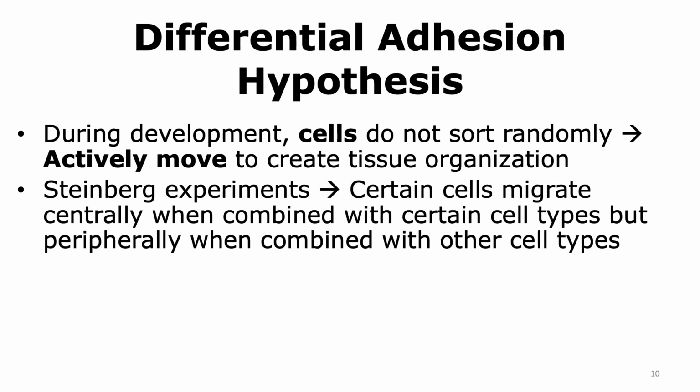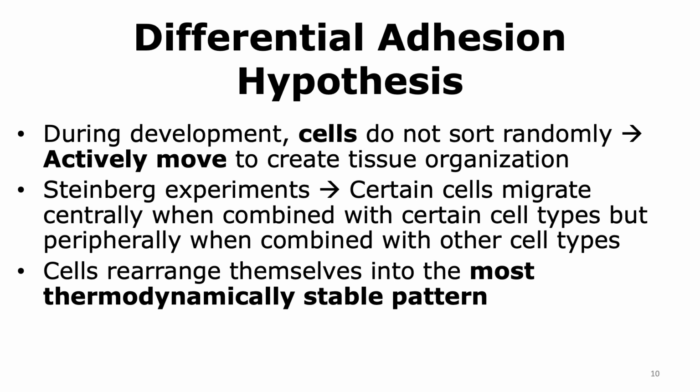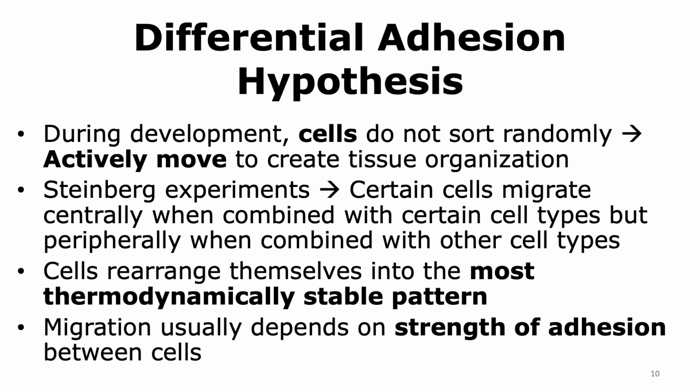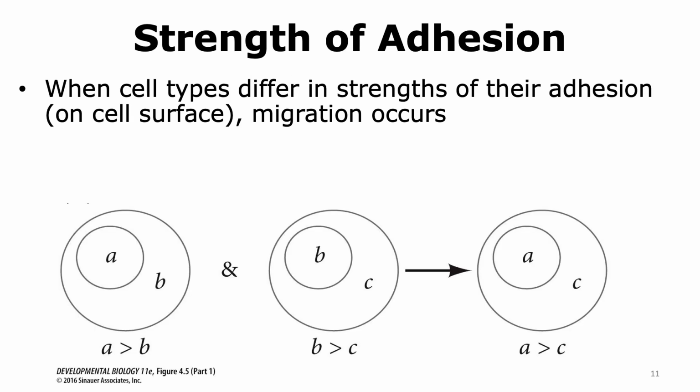The embryologist Steinberg performed experiments that showed that certain cells migrate centrally when combined with certain cell types, but migrate peripherally when combined with other cell types. Now cells rearrange themselves into the most thermodynamically stable pattern. And hence this migration usually depends on the strength of adhesion between the cells.